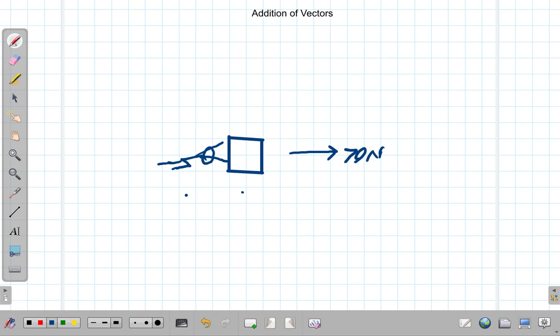Then you have this other person pushing the table this way with 60 newtons of force.